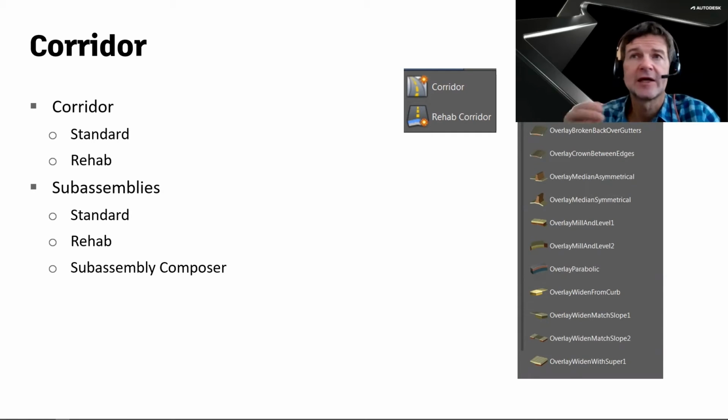But of course, if you are making some improvement of the design speed, you should create a best fit profile as well. And then what we have is corridor creation, where you can create a standard corridor, depending on what you want to achieve. Or if you want to make only resurfacing, then you will use the rehab corridor.